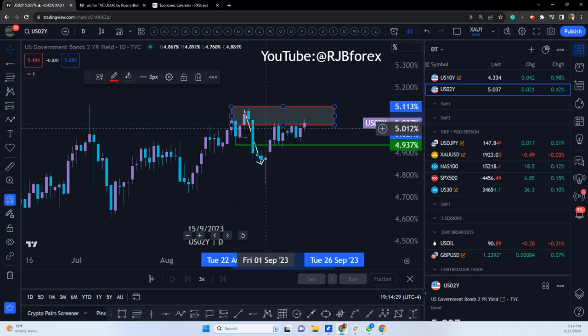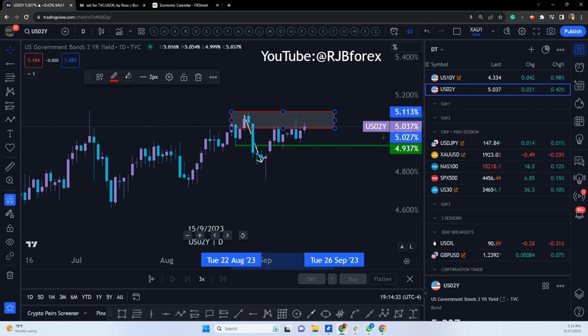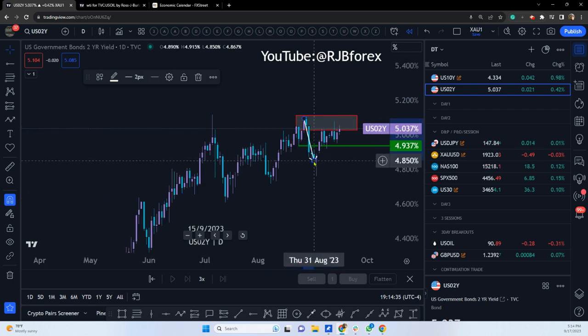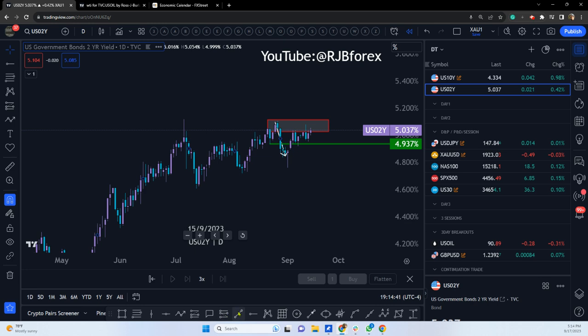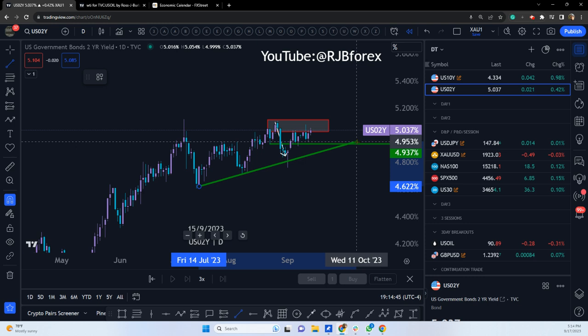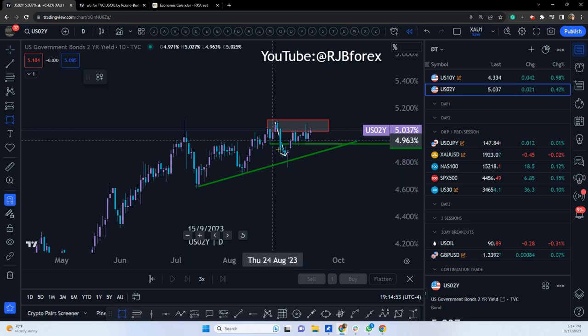So trapping volume up top, coming back up in before the move lower, potentially. Now, bear in mind, we are still on the front side of this micro trend, but that would be the target, to get below this area here and a subsequent break of the trend line support.